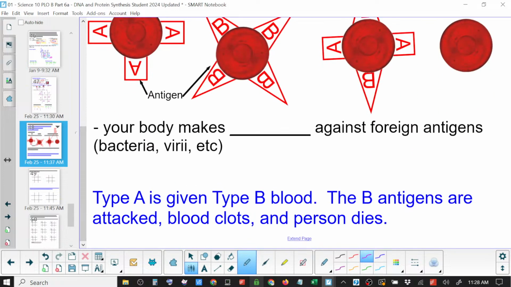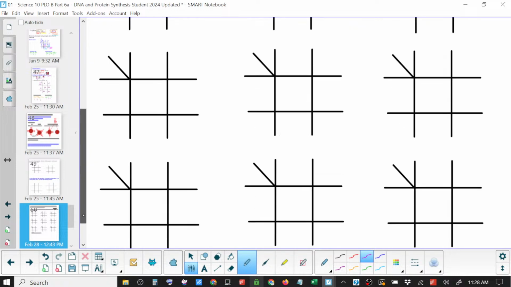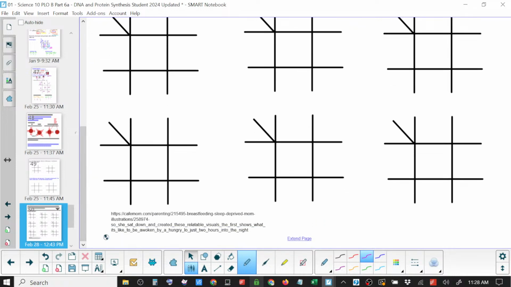Blood typing, where's the link? This is the one area where Mendelian genetics really does have a strong... This one. Where is it?